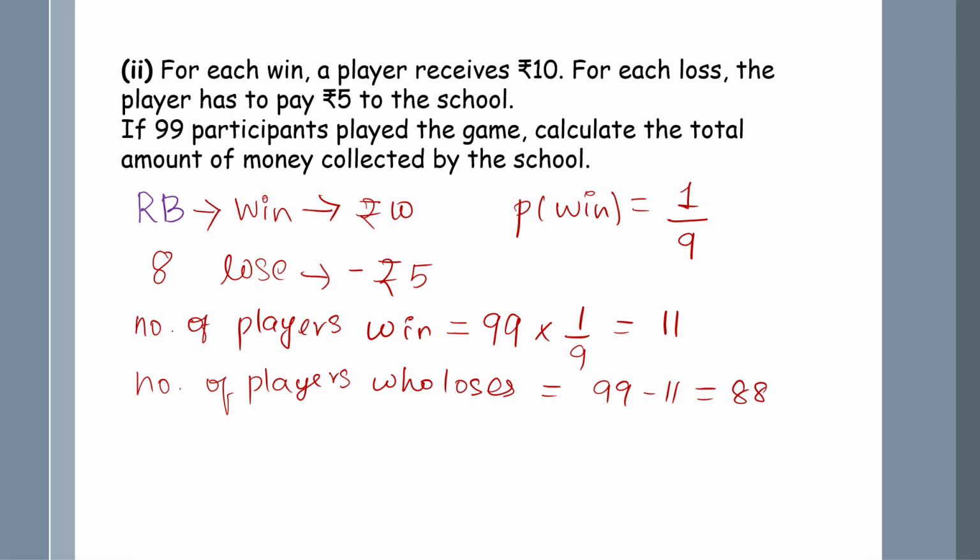Now we have to calculate the amount of money collected by the school. As you can see, there are 99 players in total, out of which 11 players win and 88 lose. So 88 players have to pay the school, and for the 11 players, the school has to pay.